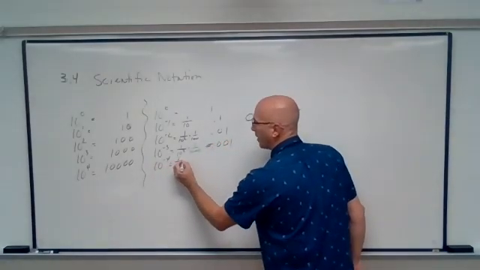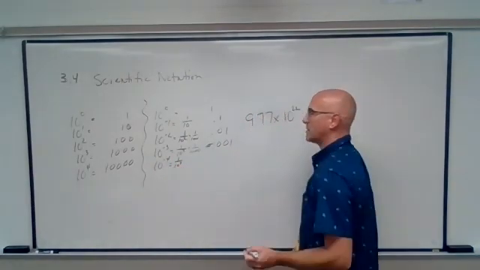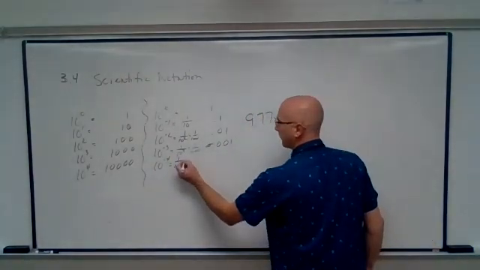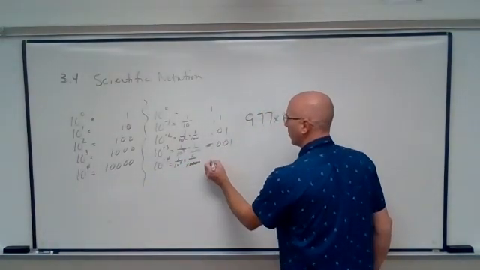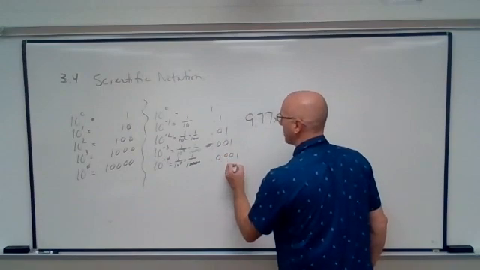And keeping on going, 10 to the negative fourth is the same as 1/10 to the fourth, which is the same as 1/10,000, which can be written 0.0001.